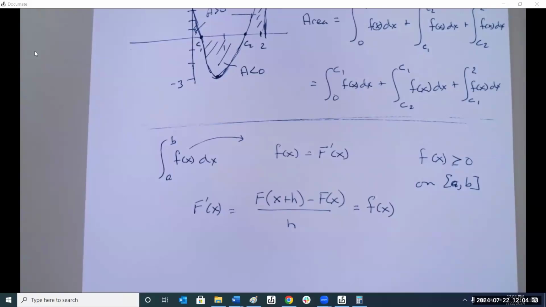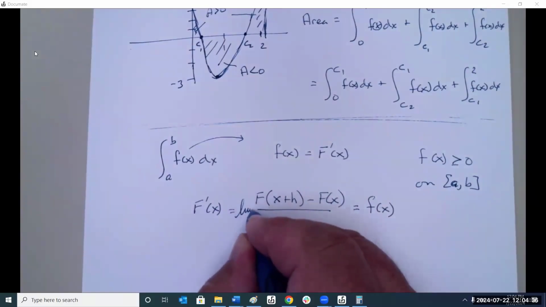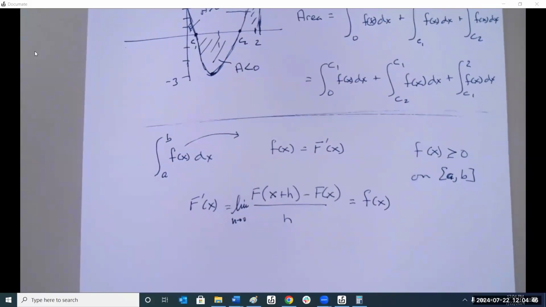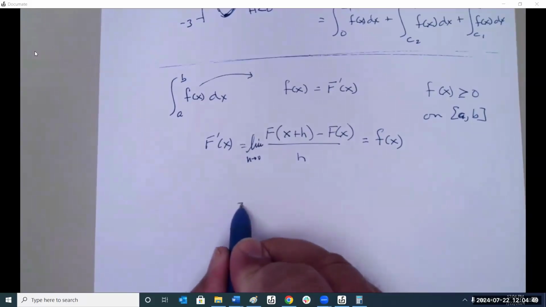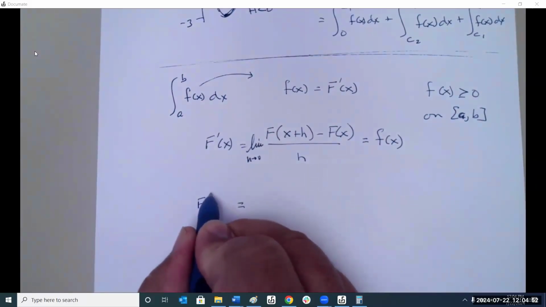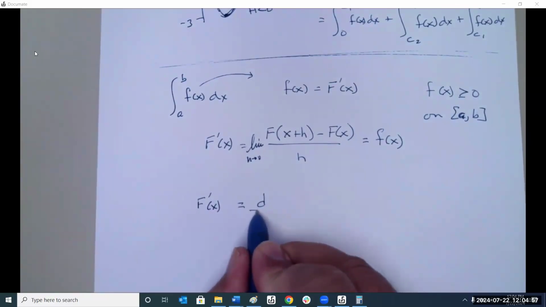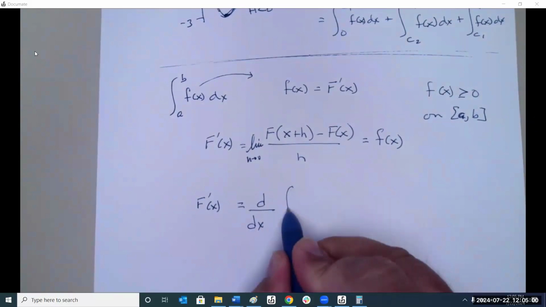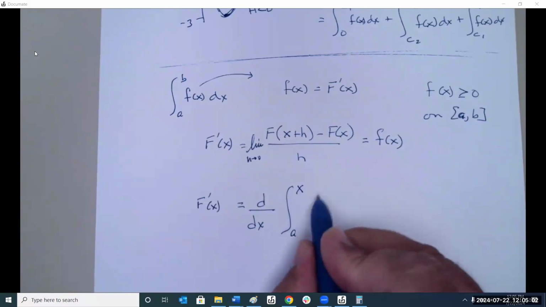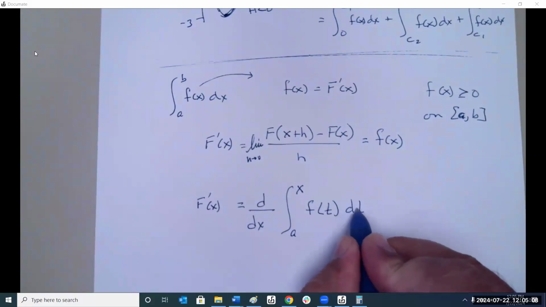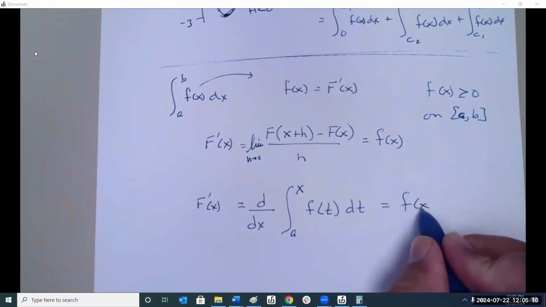And then what did we do? We had to take the limit as h goes to 0. So what this tells us is that the derivative of our integral from a to x, f of t dt, equals f of x.